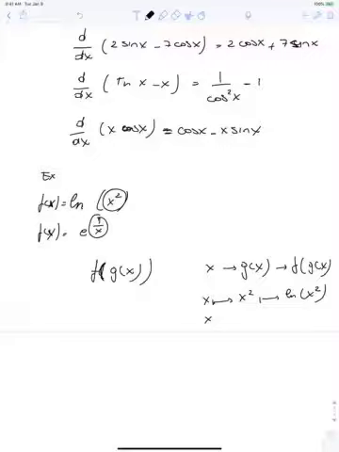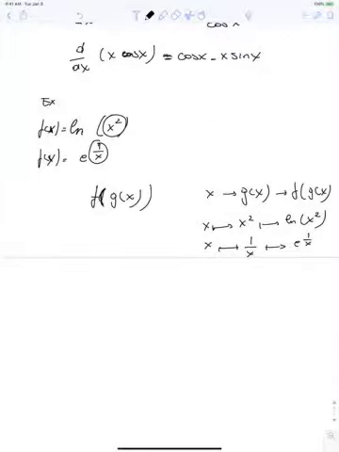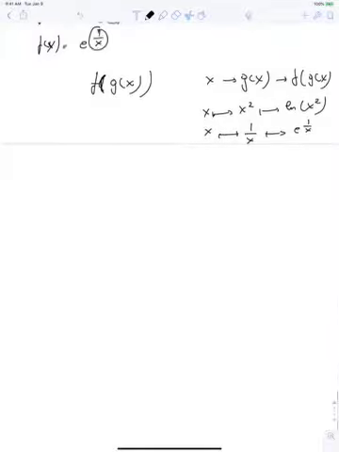In the second example, we take x, we compute 1 divided by x, and then we compute e power 1 divided by x. So this is essentially a function of a function. So in order to do that, we're going to use the chain rule, which is actually pretty simple.